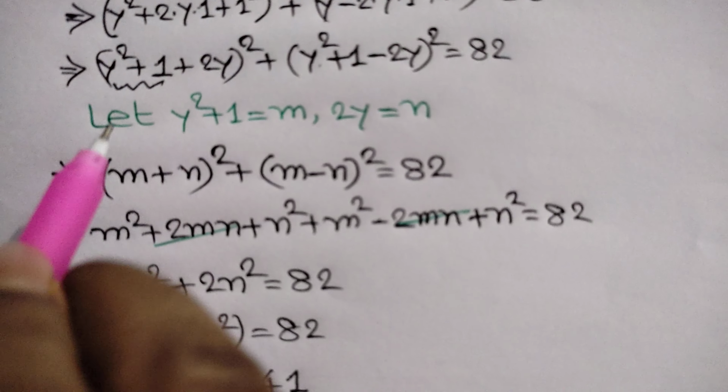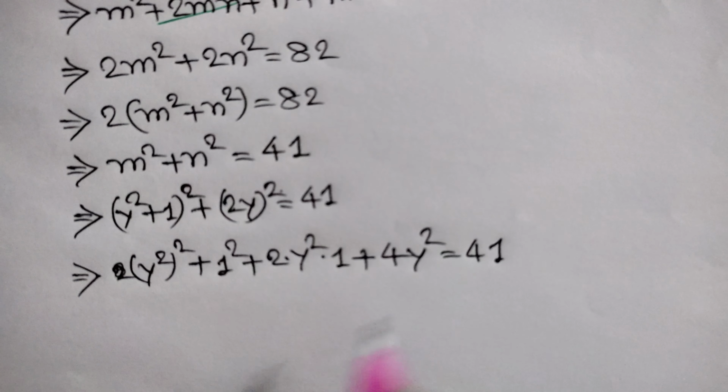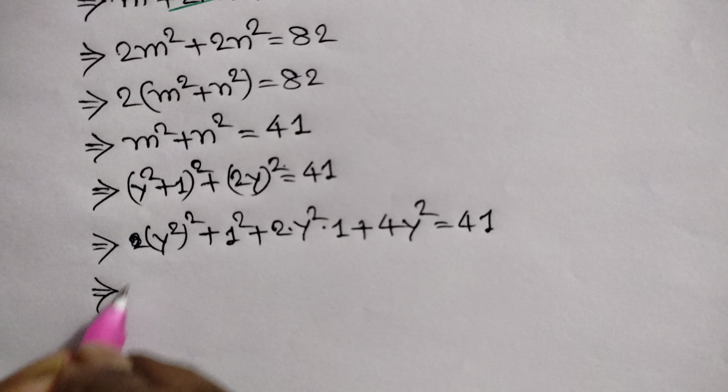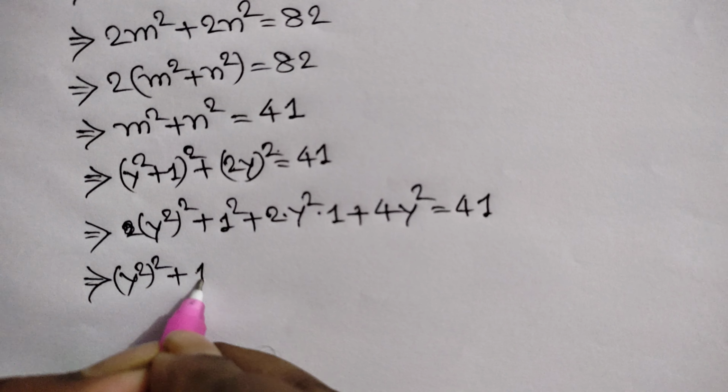Or again we can use algebraic formula, so we can write here (y^2)^2 + 1^2 + 2 times y^2 times 1 + 4y^2 is equal to 41. Or (y^2)^2 + 1^2, that means 1, plus 2y^2 plus 4y^2, and taking this 41 to left side we will get negative 41 is equal to 0.